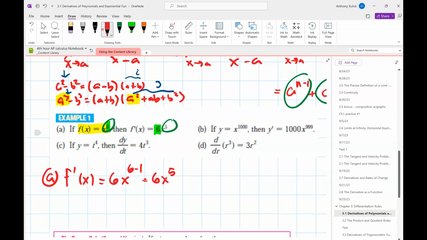Think about how long that would have taken with the limit definition. Woof, right? You would have had to expand out x plus h to the 6th.